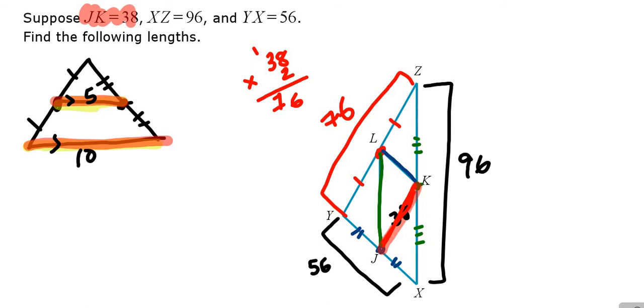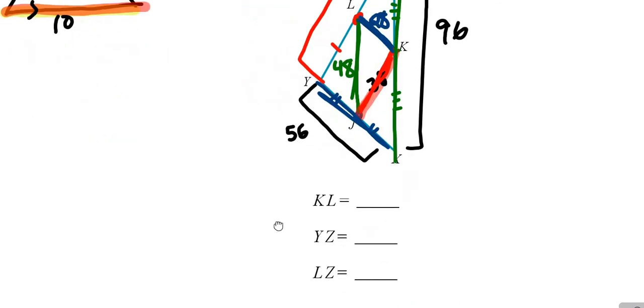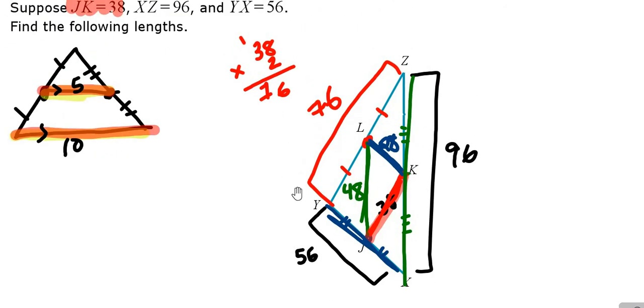If this is 56, out here you divide by 2 to get that. Which is 28. And then the 96, to get this, again, you divide by 2, which is 48. Once you find everything, then you can just fill in the 3 blanks and you'll already have your answer.